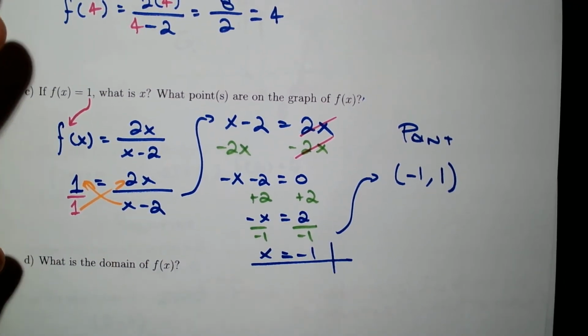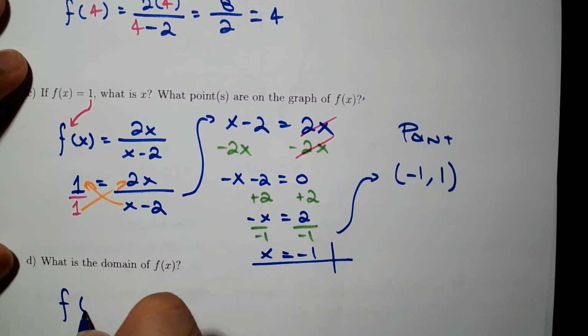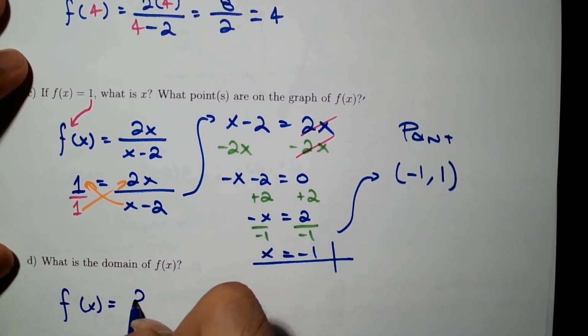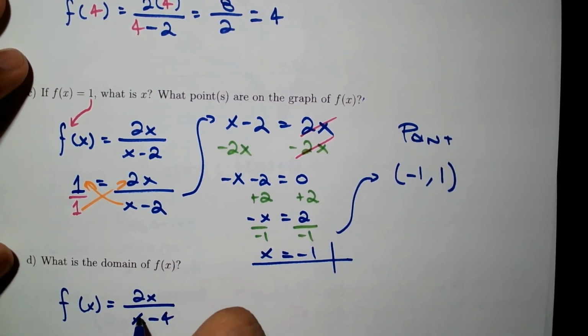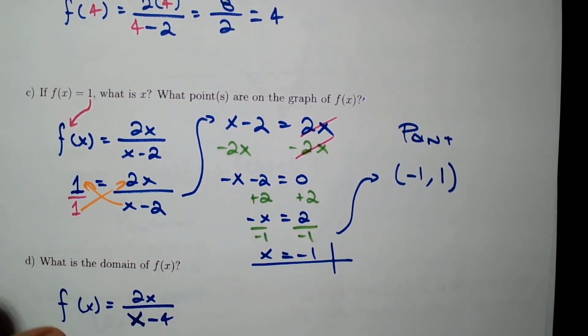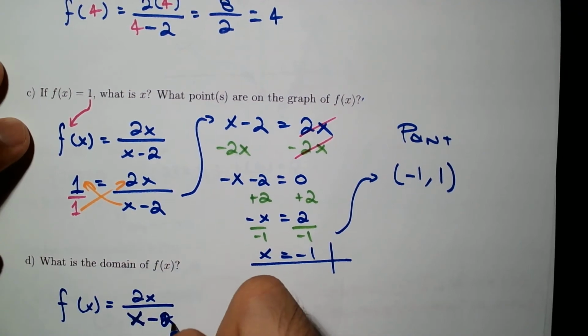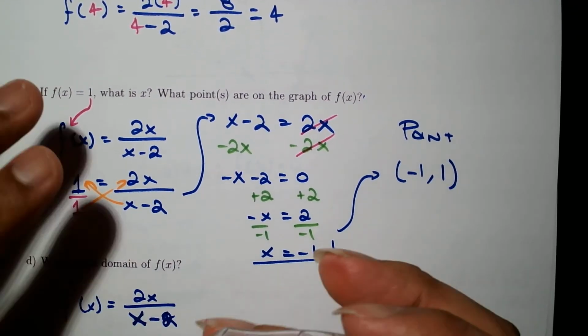What is the domain of f of x? Well, this is something we already did in the previous section. Let's write the function again and observe that this function contains variables in the denominator. Well, it's actually 2, not a 4.